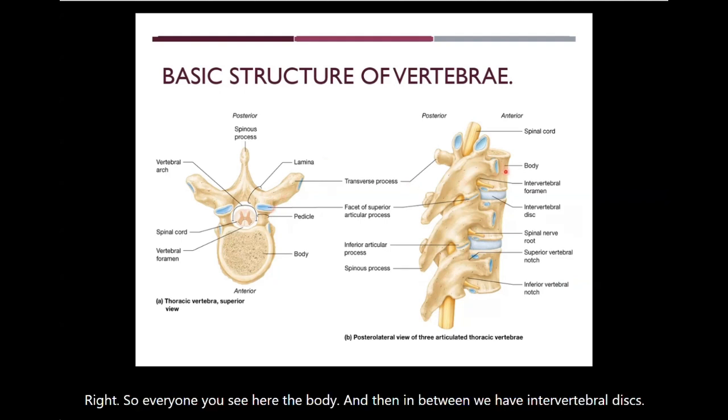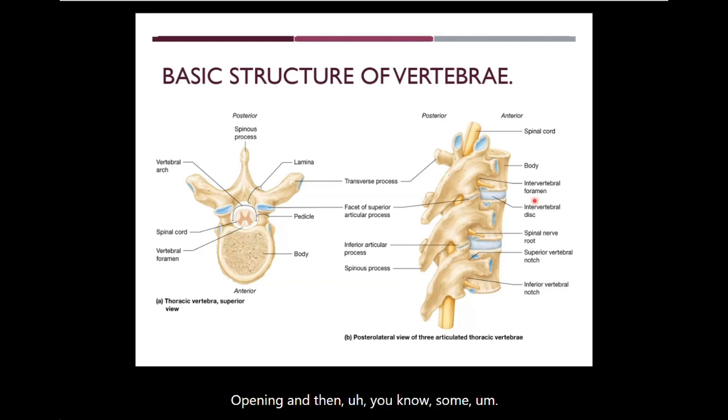So everyone, you see here the body, and in between we have intervertebral discs. This here is the spinal cord. That's where we have the vertebral foramen. Foramen means what? Opening. And this is the spinous process, and this is the inferior articular process, and then we have the superior articular process.